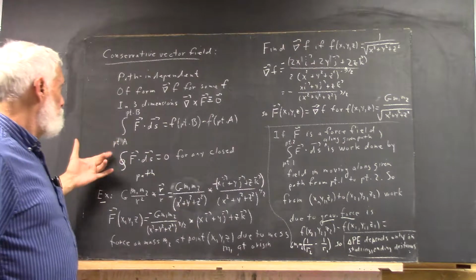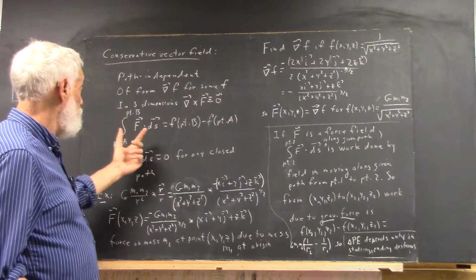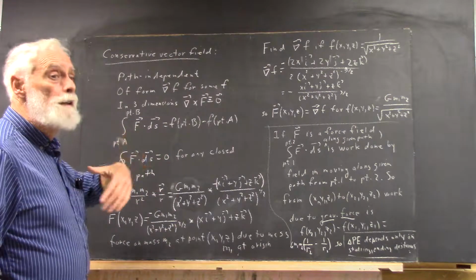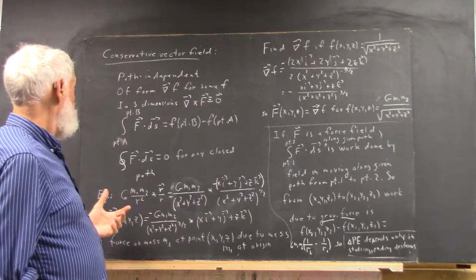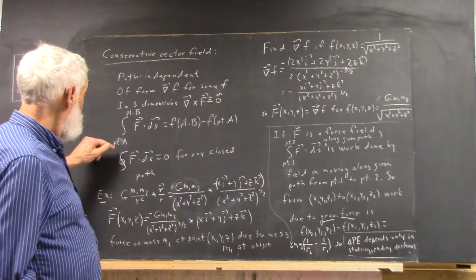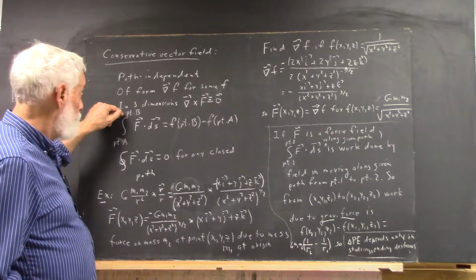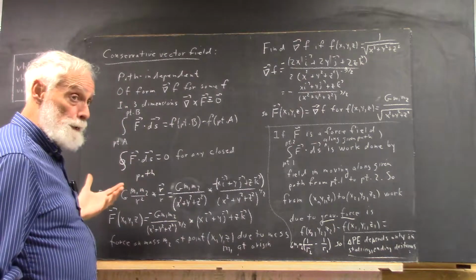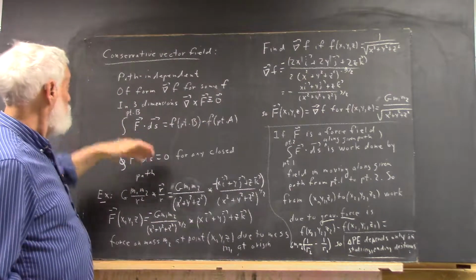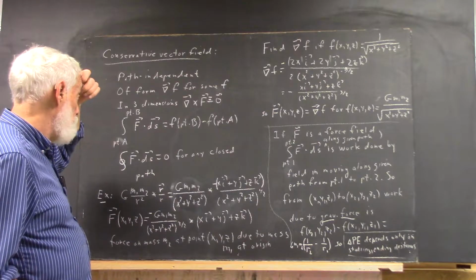The integral from point A to point B of F dot ds, the line integral over any path connecting point A and point B, is the same. That's actually what we mean by path independent.